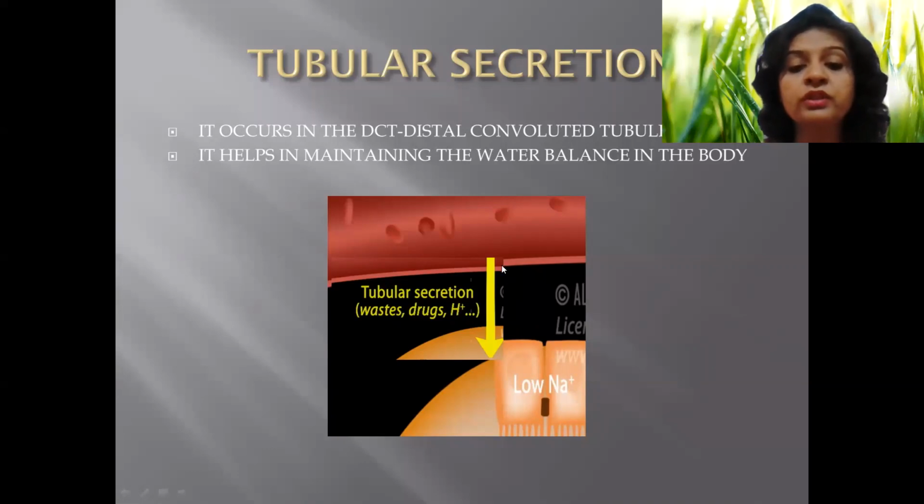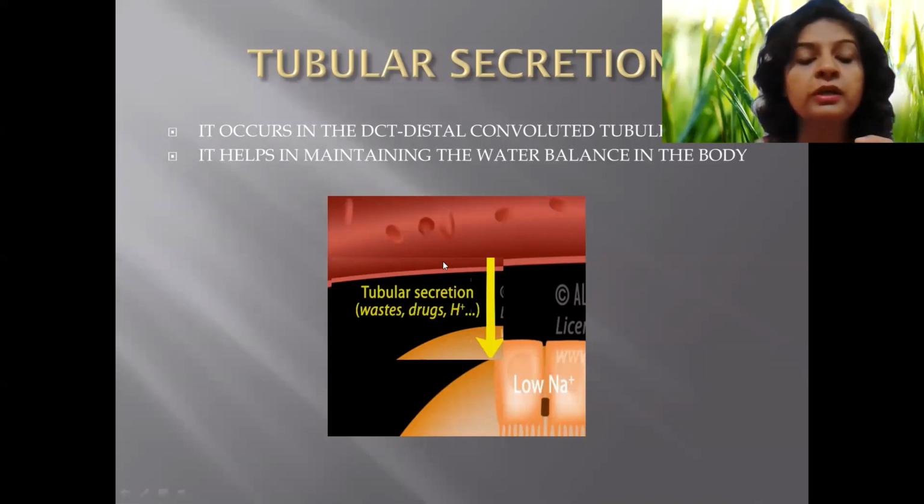So you can see here the contents of the blood, like hydrogen ion, some of the drugs, some of the waste material, jo still they were left, the potassium which were left, they are now poured down into this particular structure, that is the nephron, the DCT.